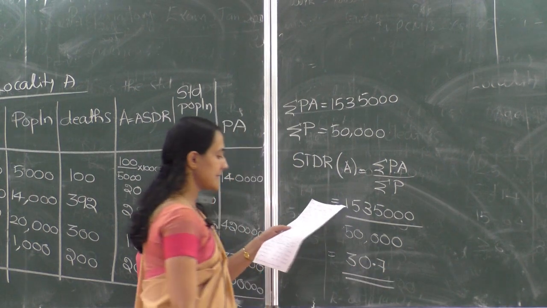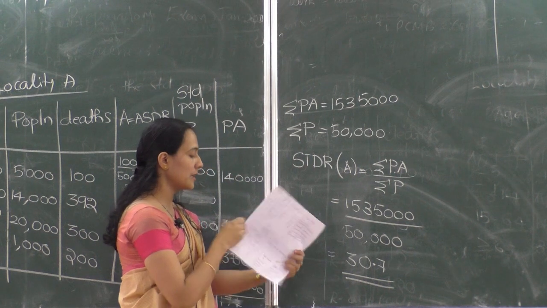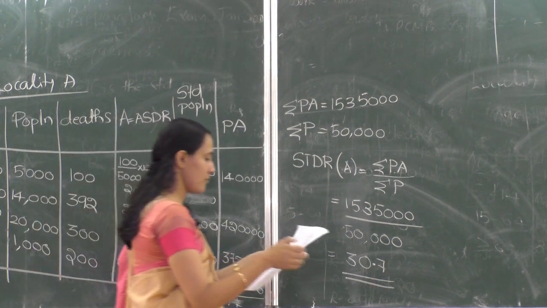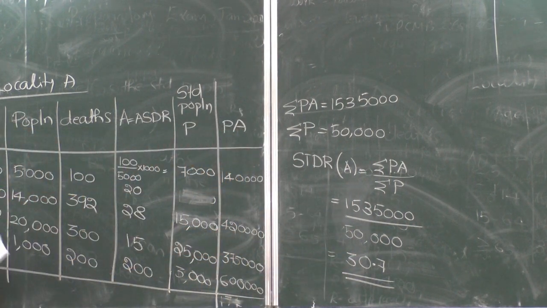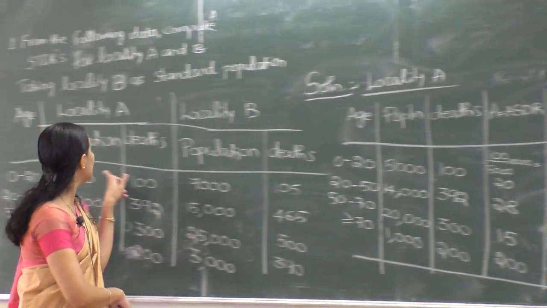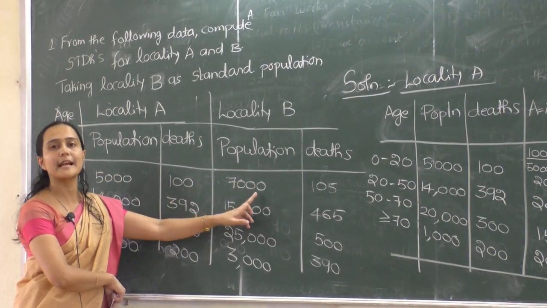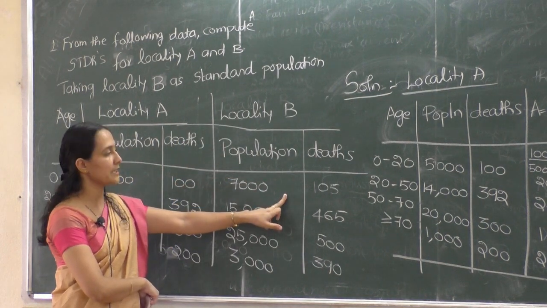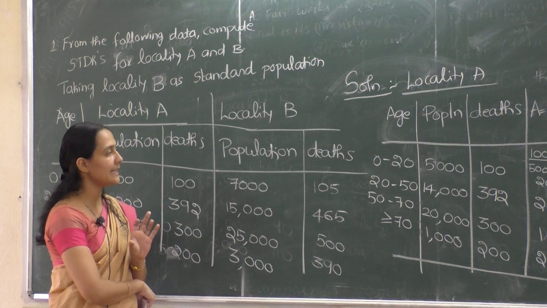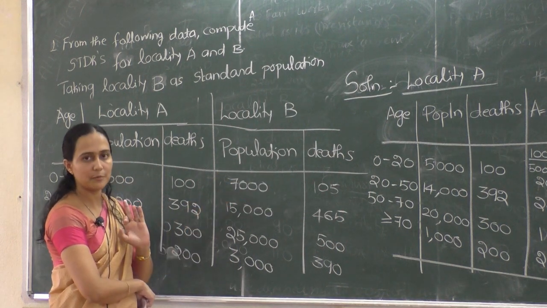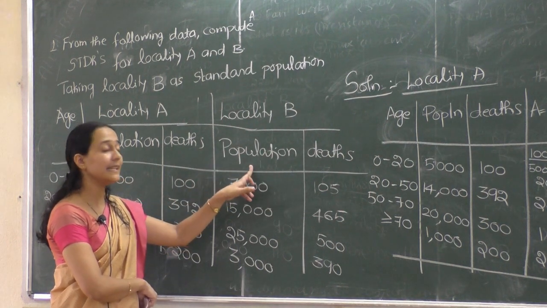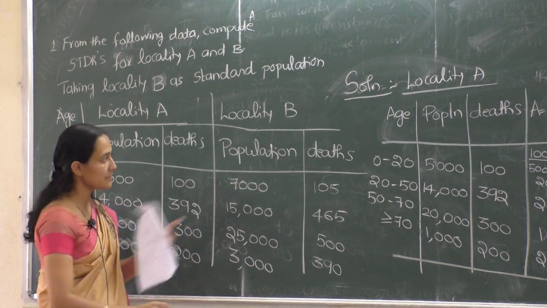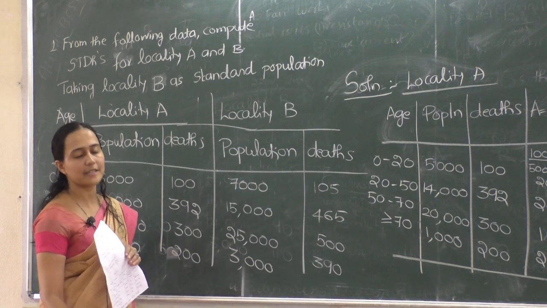Next, which one do we have to compute? We have to compute this total. Locality B's population we took as the standard population. Since locality B itself is the standard population, STDR of B is the same as CDR of B. No need to compute STDR or age specific death rate and all.